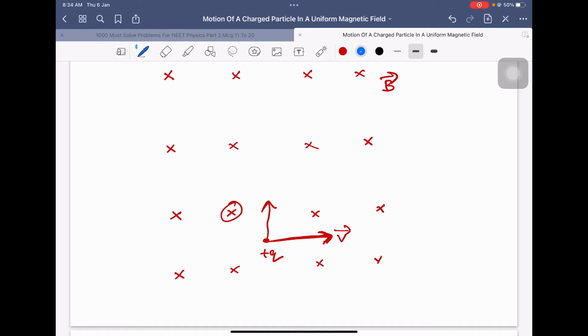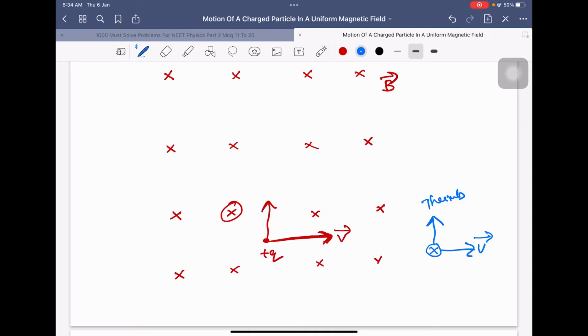Point your forefinger into the plane of the paper, and arrange your central finger such that it gives the direction of velocity of positive charge. Then definitely the thumb will be pointing upwards.